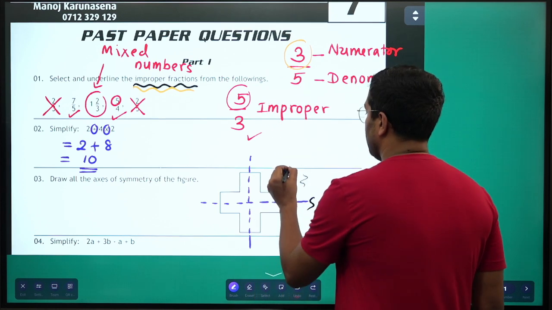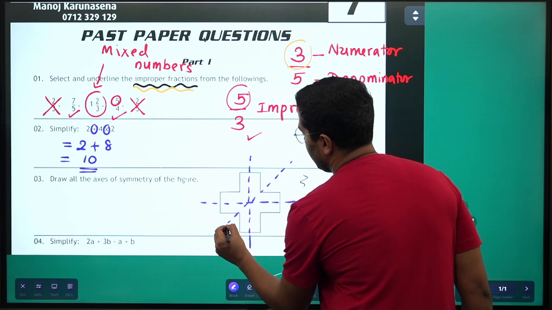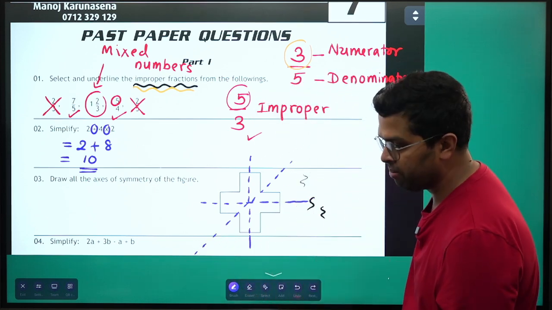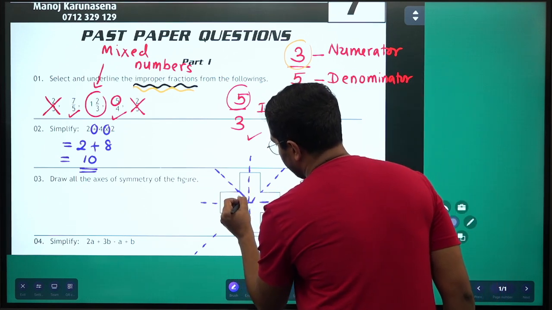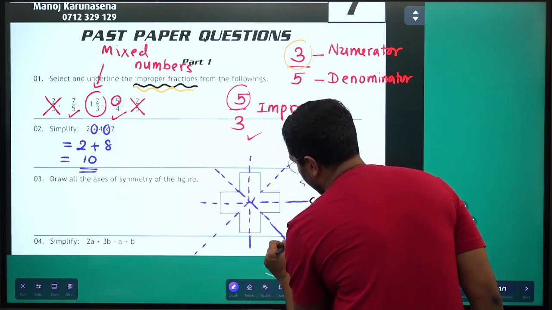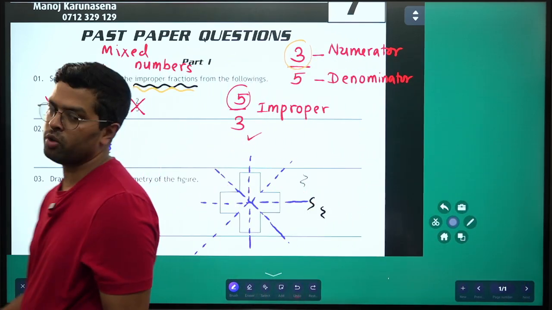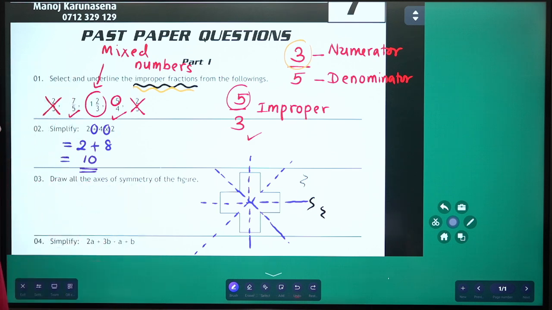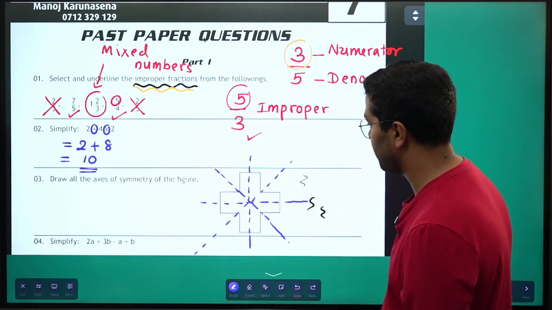If you fold in this particular way, the two sides will coincide with one another. If you fold this figure using this dotted line, this will also coincide. So in total we have 4 axes of symmetry for this figure.